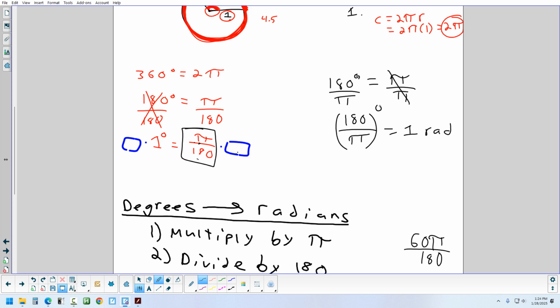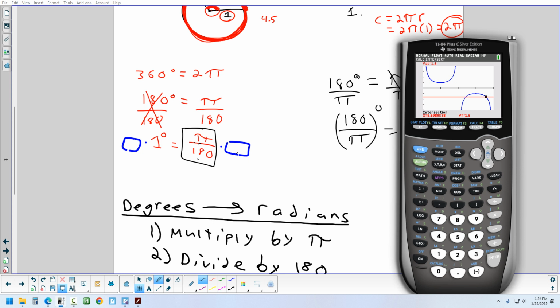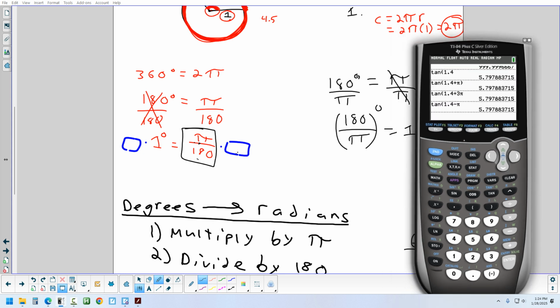So now if you want to know exactly how many degrees in a radian, just take 180 and divide by pi. We already knew it was between 57 and 58, but that's exactly what it is. 57.296.